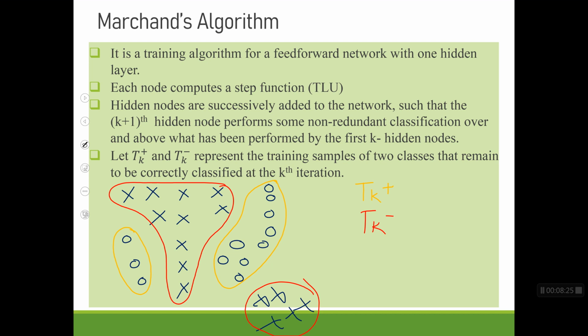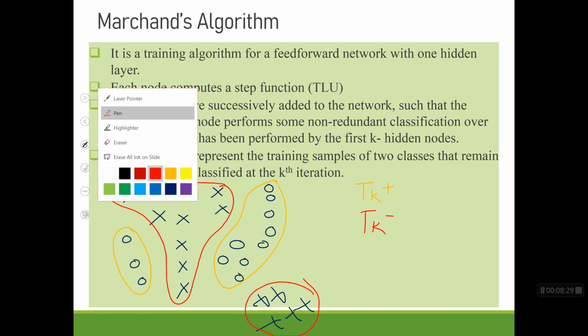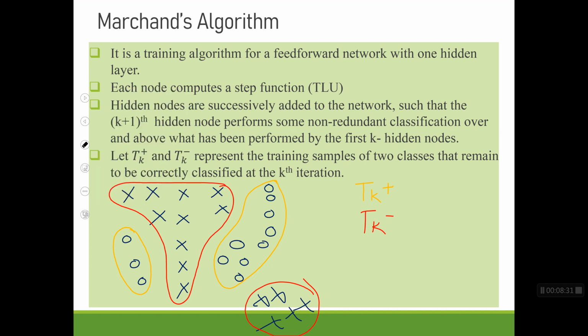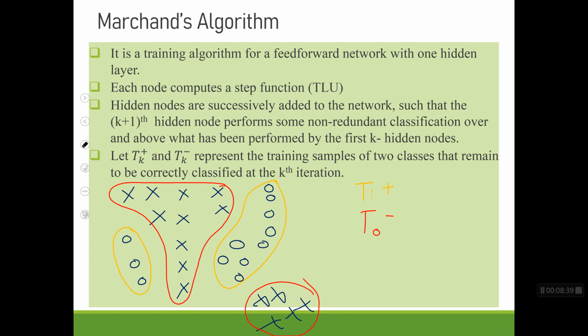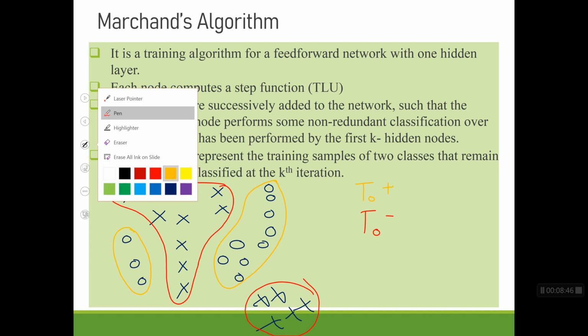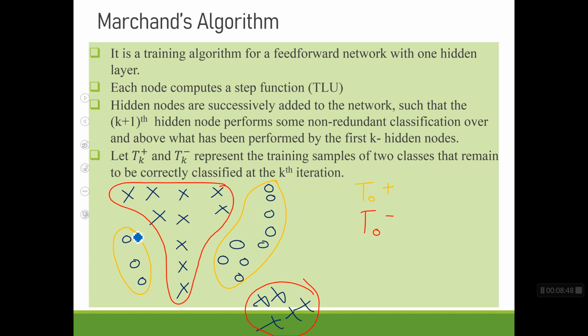What is k here? In this particular case k is equal to 0, because I am just beginning my classification problem. Every time I perform the classification task, what did I do first? I took a line and drew a line here.